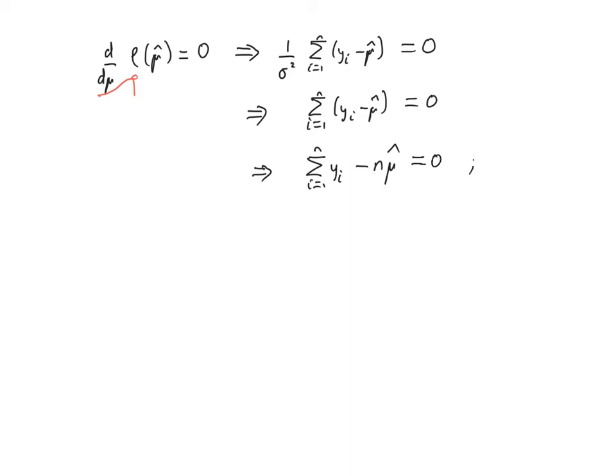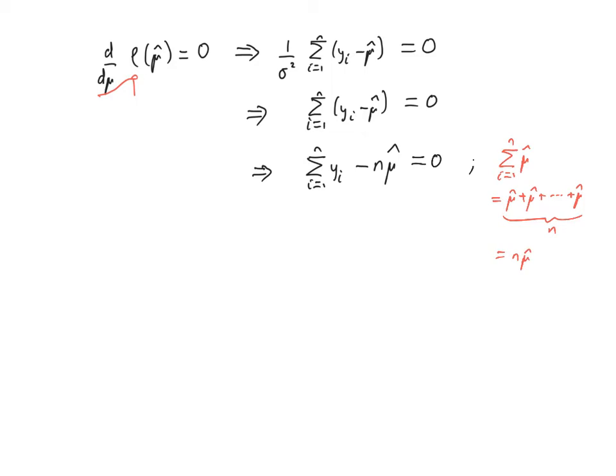Let me explain that in a little more detail. If we say the sum from i equals 1 to n of mu hat, then what that really means is mu hat plus mu hat plus mu hat, and there are n lots of those, and that is equal to n mu hat.